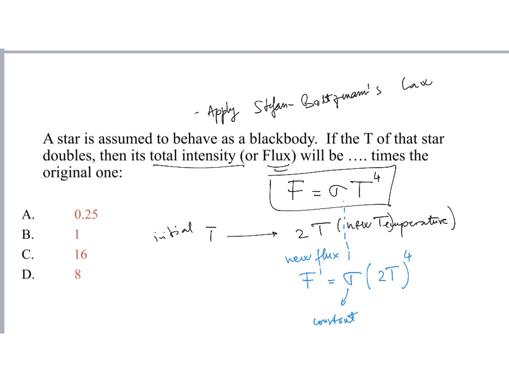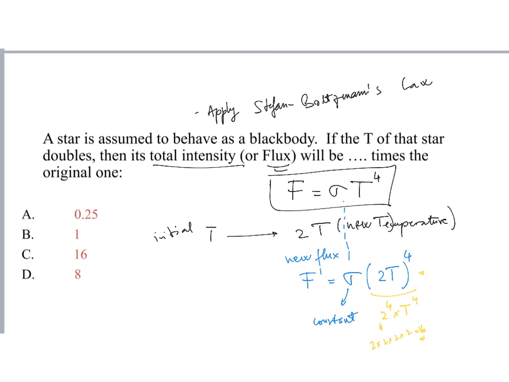Everything to the power of 4. All right. So now this can be written as 2 to the 4 times T to the 4. Now you can calculate that. This is 2 times 2 times 2 times 2. So that's 4 times 4, I think that is 16, right? Because the multiplication is commutative, it doesn't matter in which order we're pursuing that multiplication.